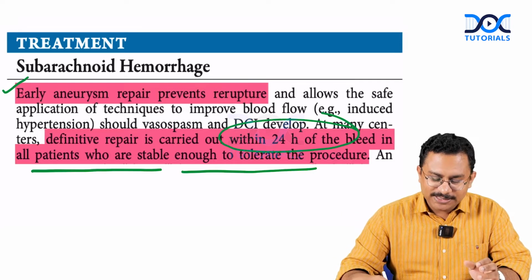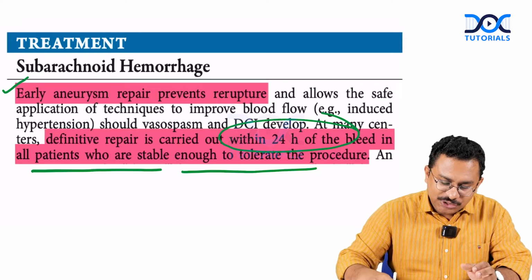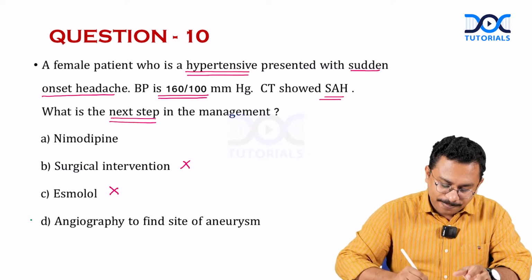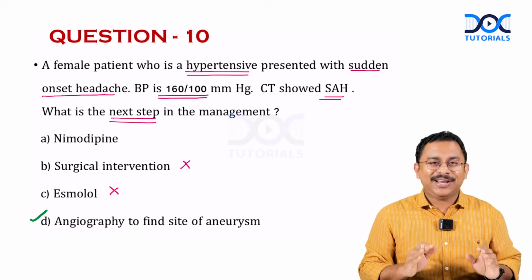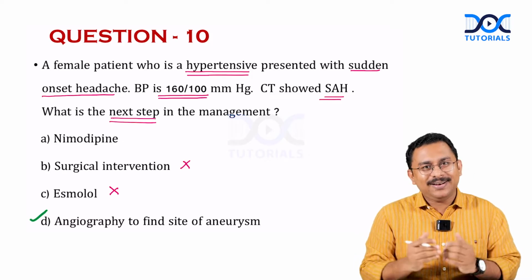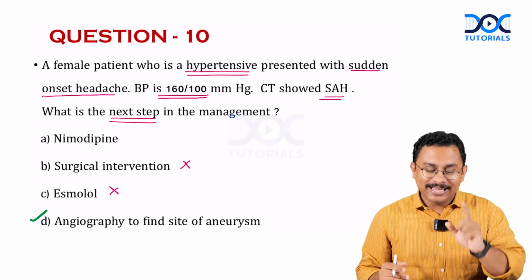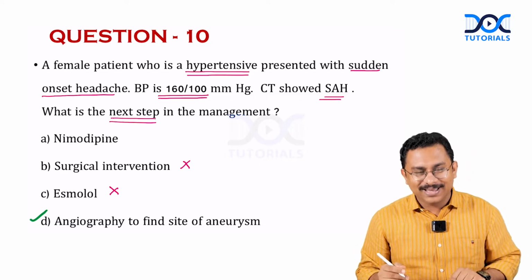So because of which, priority wise, you will have to go for angiography to find the site of aneurysm. That will be the better answer here. Again, I'm telling you, nimodipine is given, but they're asking you next step in the management. As a clinician, I have got to prioritize, and for that, option D will be the answer.